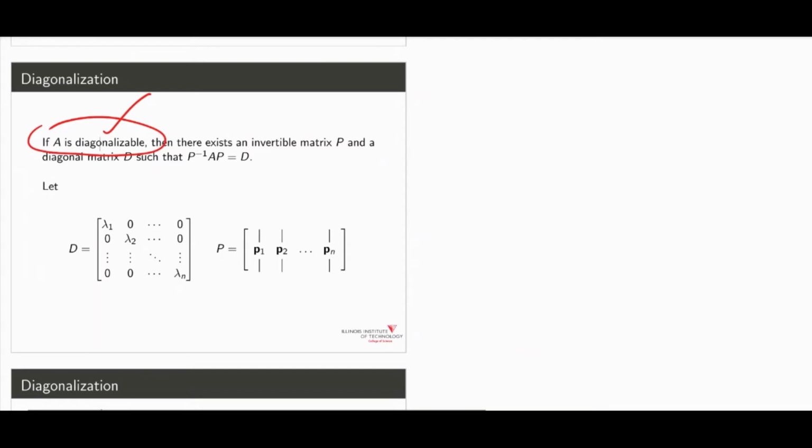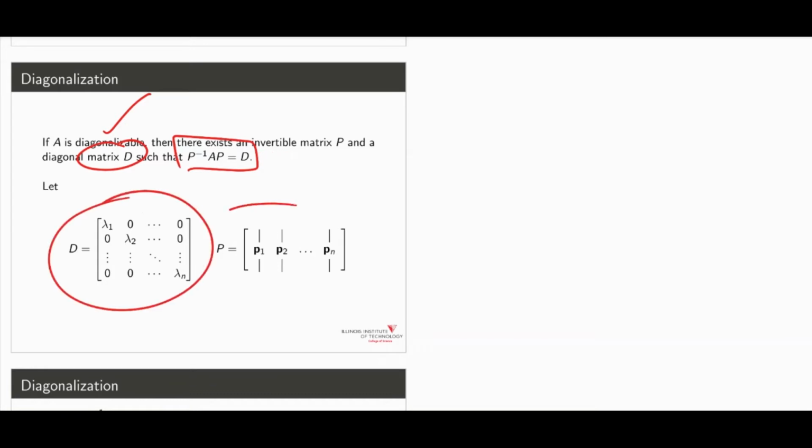What does it mean that A is diagonalizable? According to the definition, it means that we can find a matrix P, and not just any matrix, an invertible matrix, one that has an inverse, and also a diagonal matrix D such that P inverse AP equals D. We have a D that looks like this and a P that looks like this, and you will see in a minute that the columns of P are actually eigenvectors.